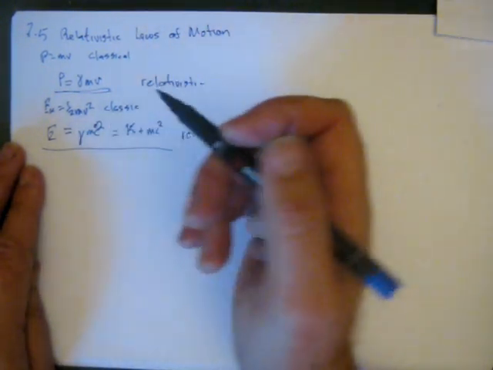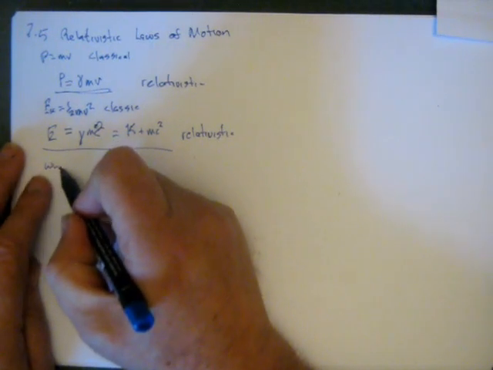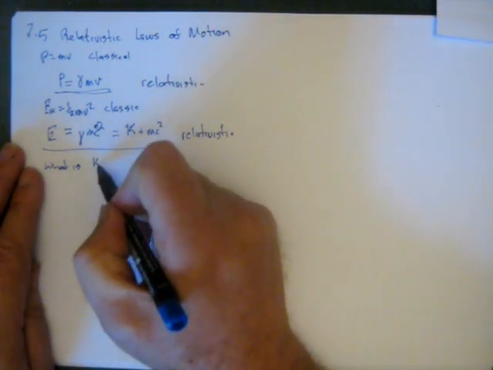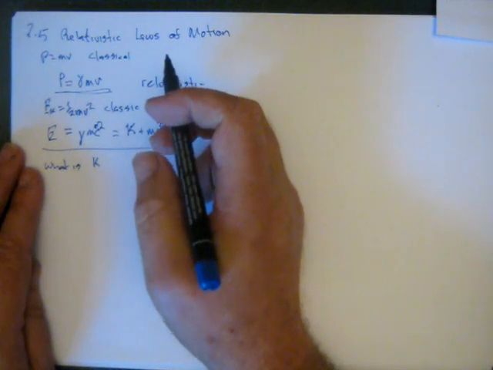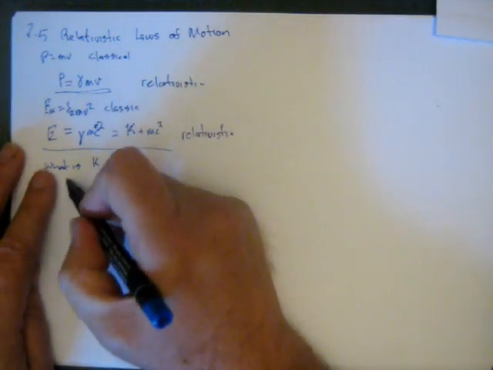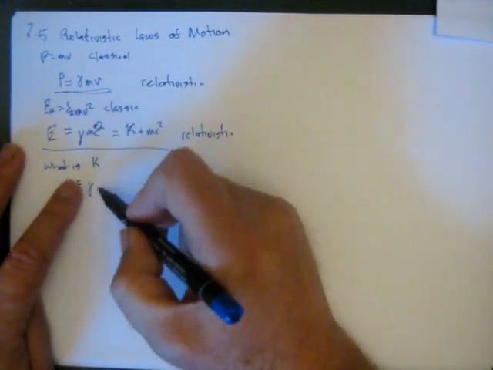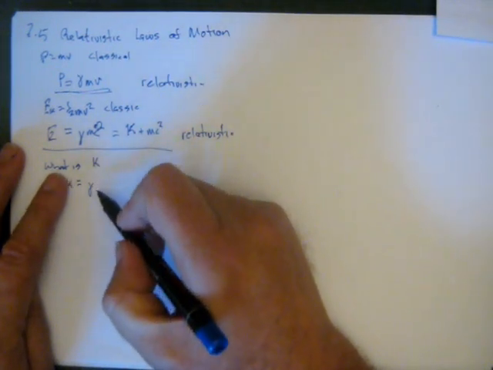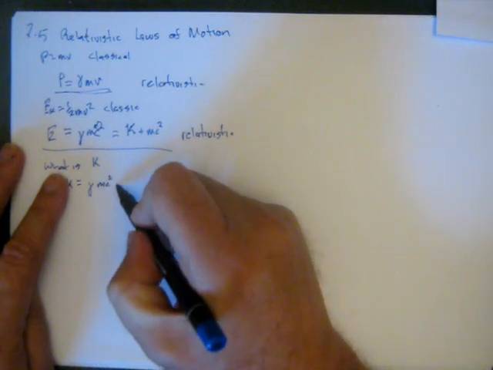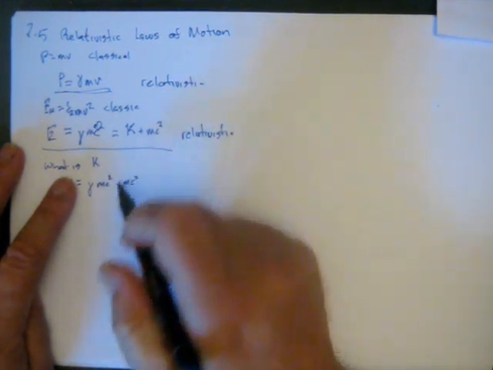So what is K? K is going to be our relativistic energy. So K is going to equal gamma times mc squared minus mc squared.